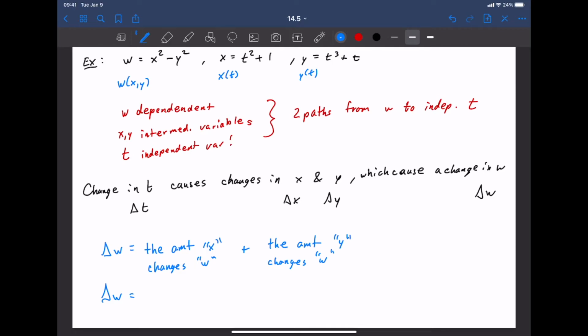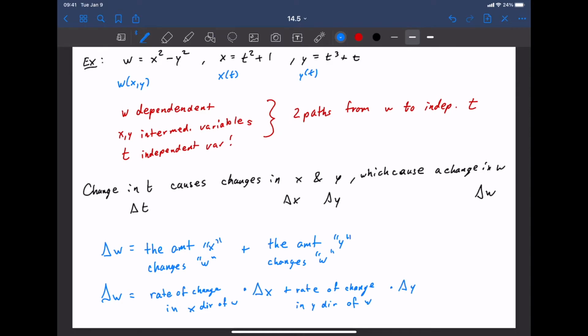That would be maybe the rate or the slope, rate of change in the x direction of w times delta x, the change in x. The rate of change times the change in x would be the change in w that's caused by x, plus the rate of change in the y direction of w times delta y.